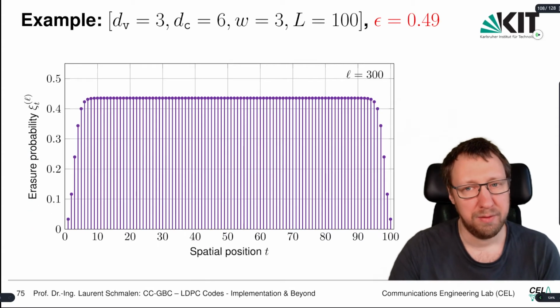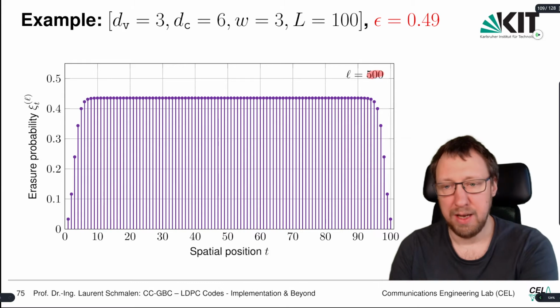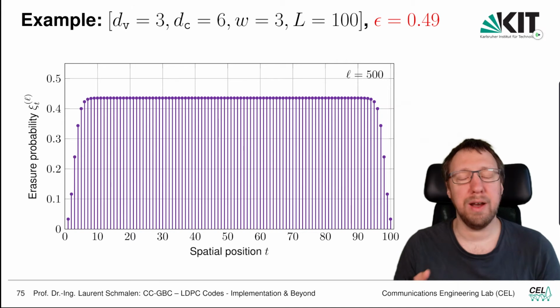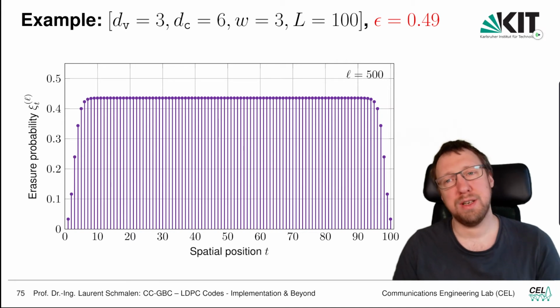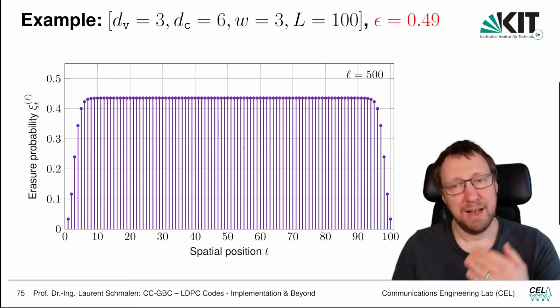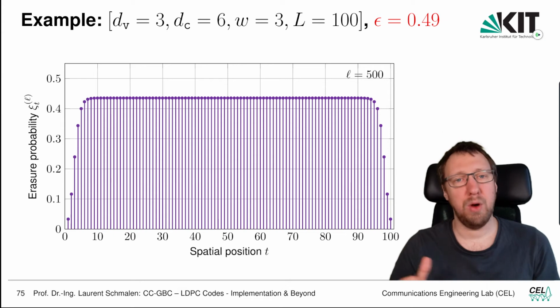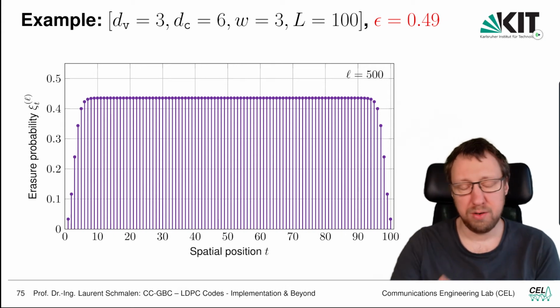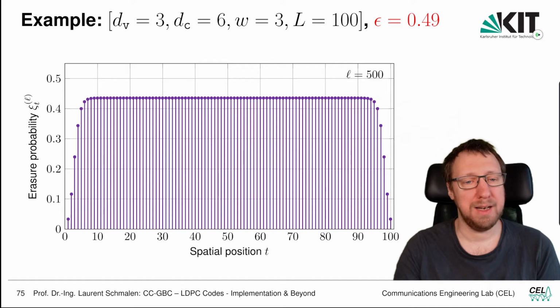So from 300 to 500, you can see here it changes, 300, 500. There is no change anymore, so we get stuck. We're in a fixed point. The threshold is not 0.49, but at least 0.48, so it's somewhere in between. If we spend more effort, we could find the threshold. We'll probably give it also on one of the next slides.